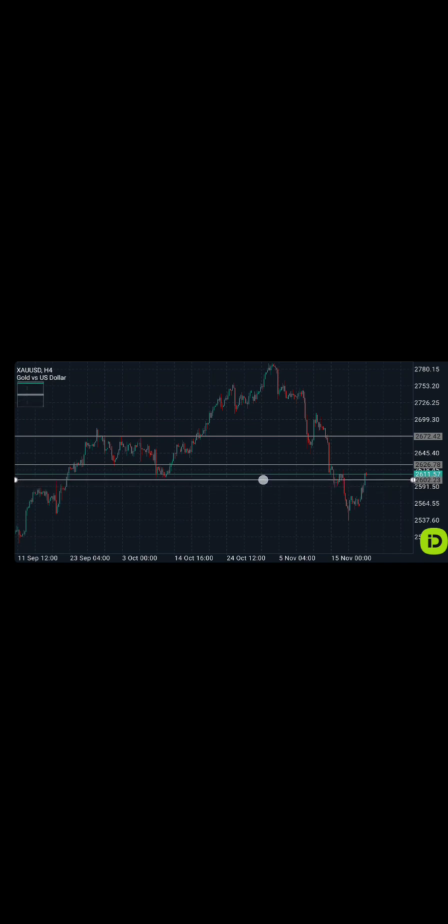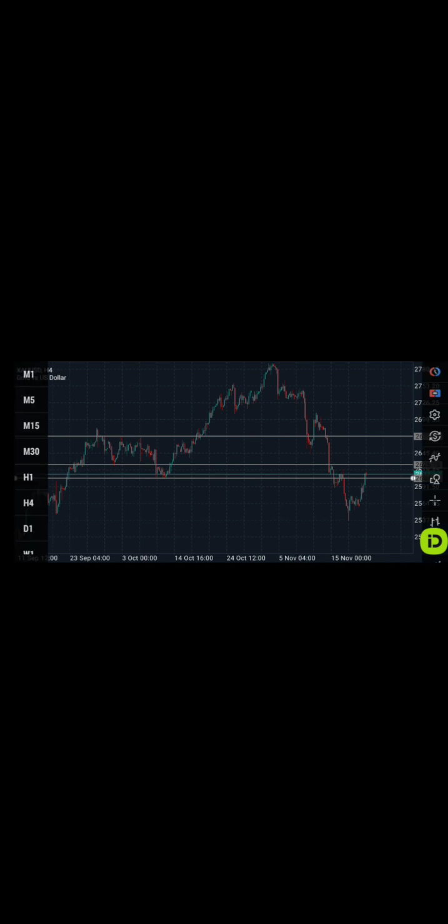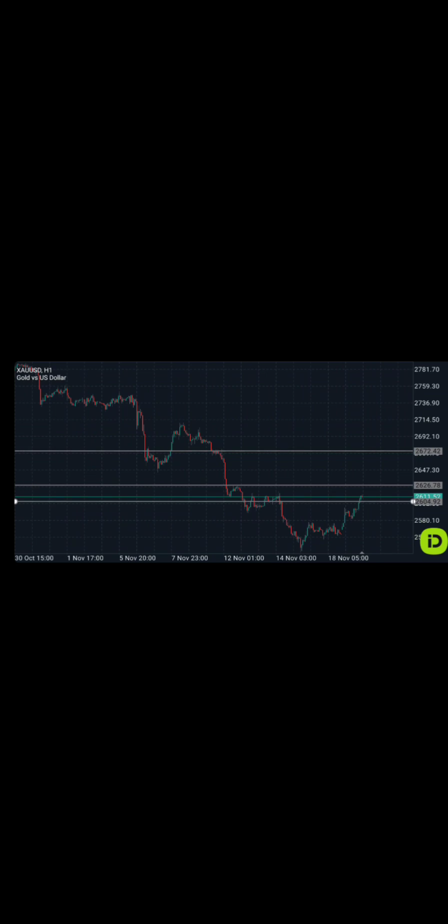So this is going to be our last support and resistance level, somewhere there. How many touches do we have? We've got 1, 2 there, and close to this one was the 3rd one, right? So we then move down to a lower time frame, which is H1, right?